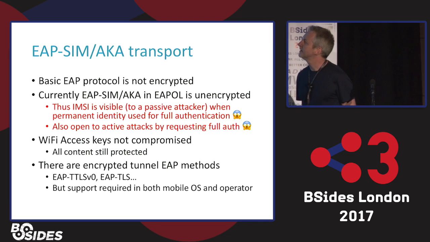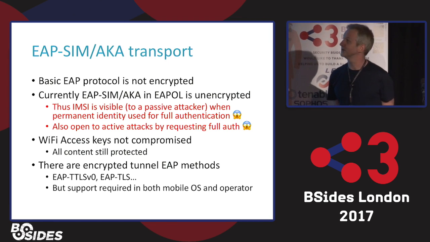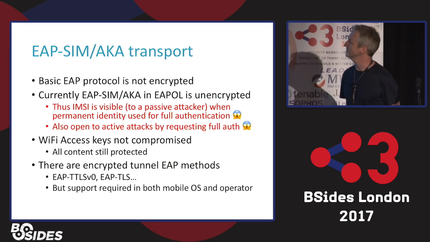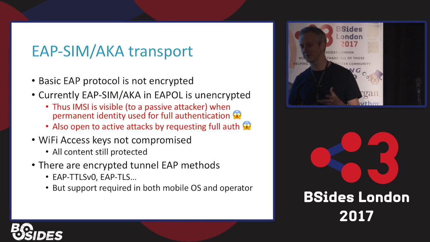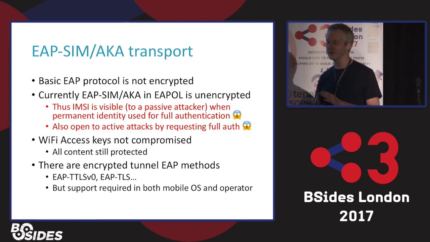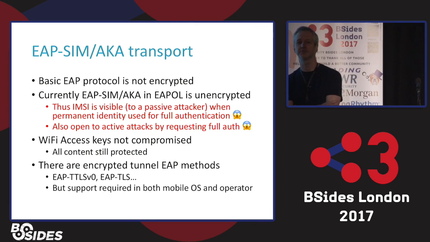So the EAP protocol is sadly not encrypted, but in some senses that's not a big problem, because you've got to have layers and layers. You don't necessarily have to build encryption in at every layer, but unfortunately, in the case of the Wi-Fi access point authentication, EAPOL is not encrypted and is not sent on an encrypted channel.